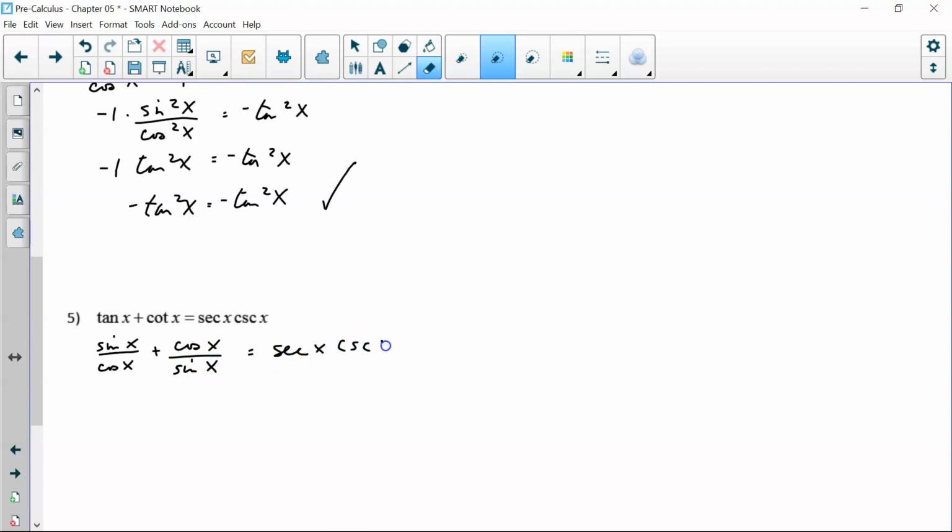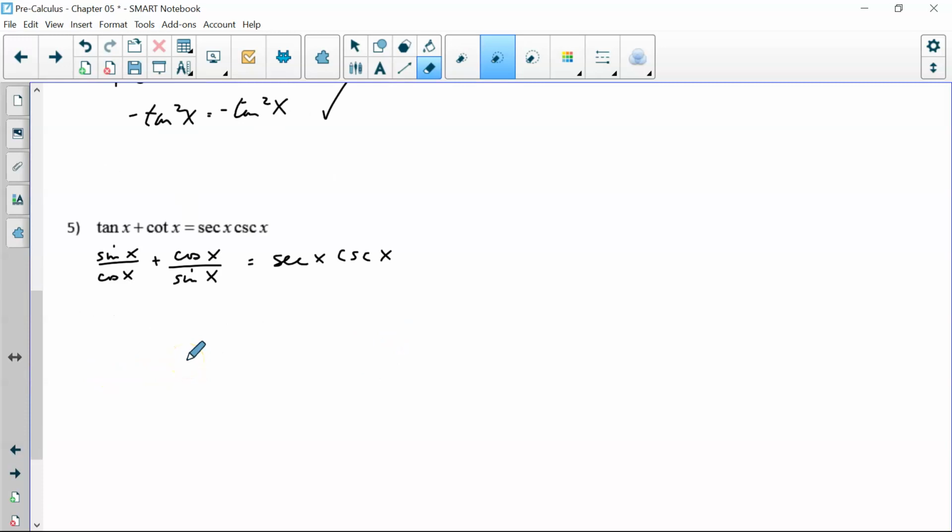Now, I want to get a common denominator. So I'm going to multiply the first fraction by sine x over the sine of x, and the second fraction by cosine of x over the cosine of x.